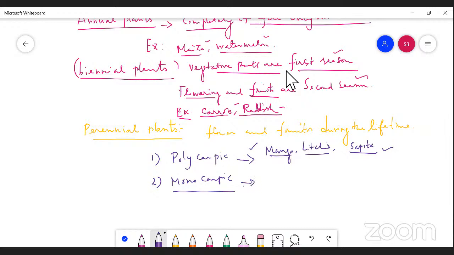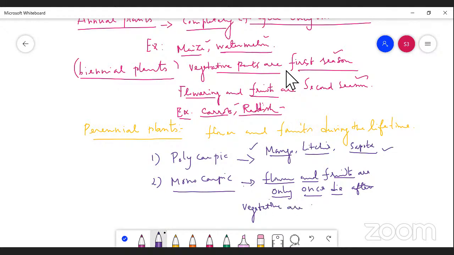Monocarpic plants: the flowers and fruits are produced only one time, after which the vegetative parts die.